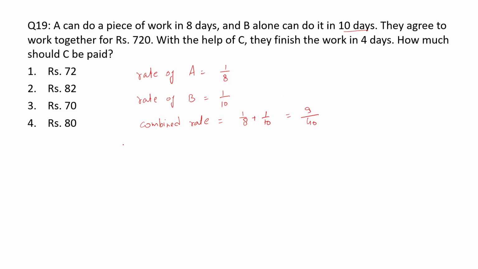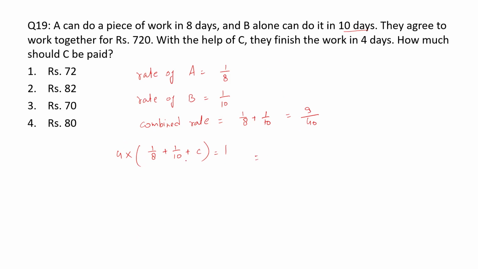Now, with the help of C, they can finish the work in 4 days. That means 4 into the combined rate, all three working together, 1 upon 8 plus 1 upon 10 plus the rate of C. Let's say the rate of C is C. They can finish the work in 4 days.